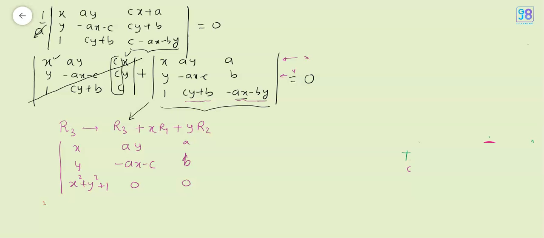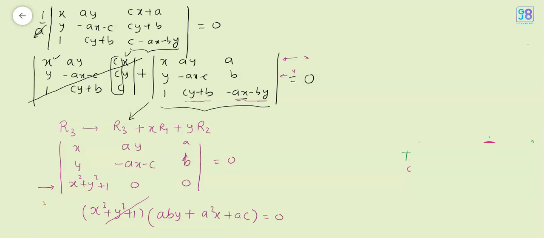b, and this a. Now if you expand it with respect to the third row, we would have x square plus y square plus 1 times aby plus a square x plus ac equals to 0.